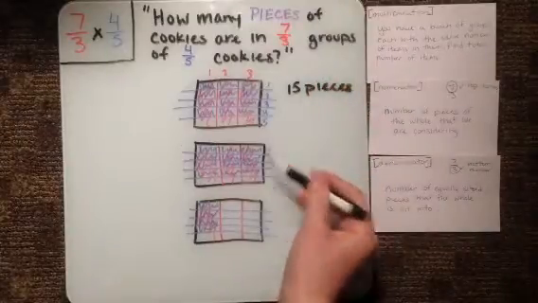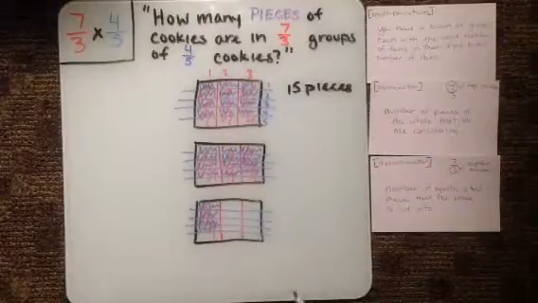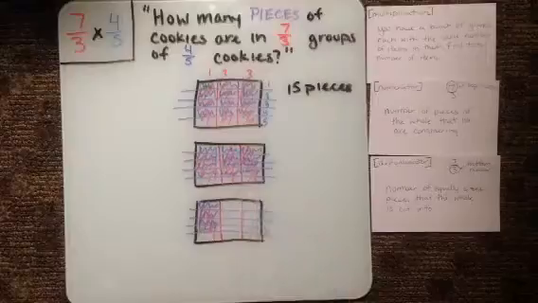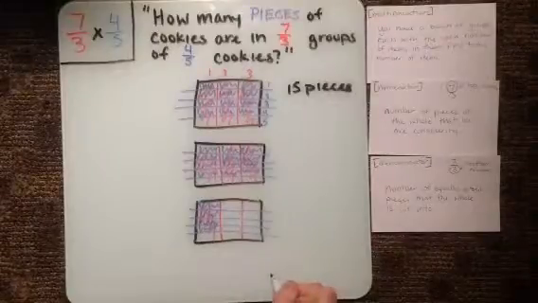And that's the same for these boxes as well. So that number 15 pieces will be our denominator because that's the number of equally sized pieces that the whole is cut into.